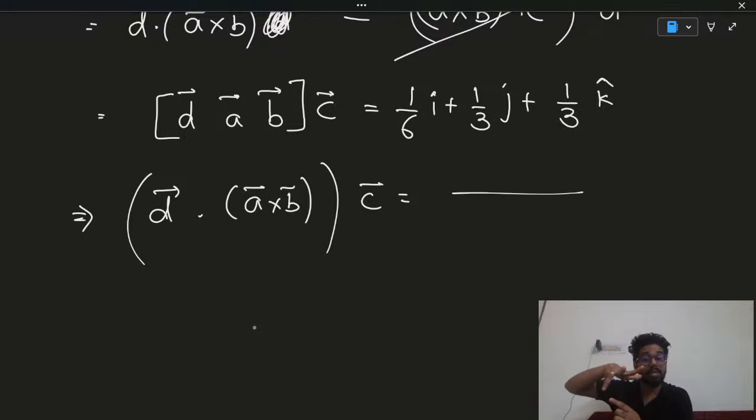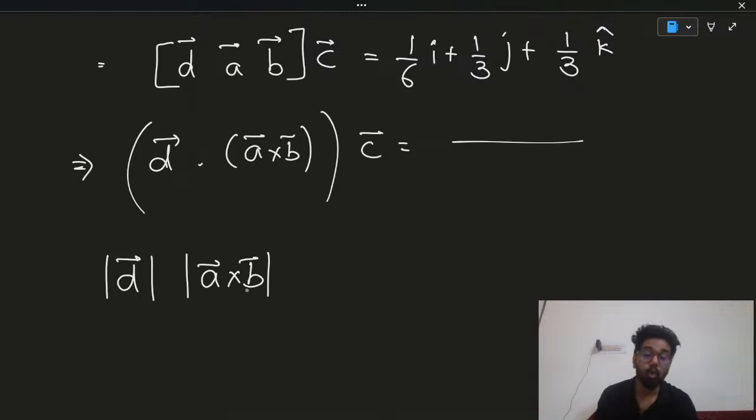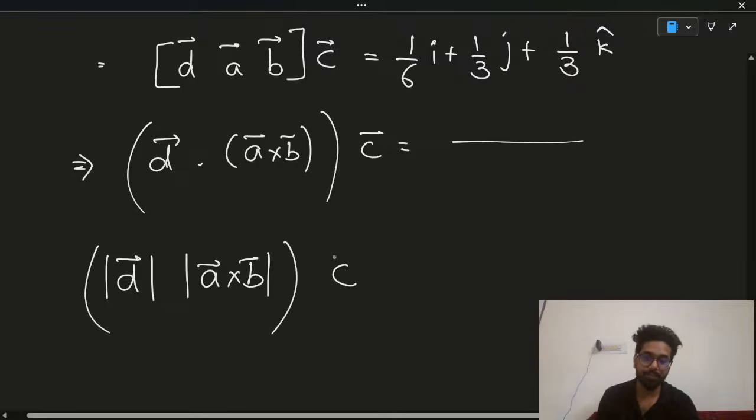What does it mean? That A cross B is like this and D is also like this. That means A cross B and D have a 0 degree angle. So this is equal to magnitude of D into magnitude of A cross B into cos 0 degree, which is 1, multiplied by C vector.